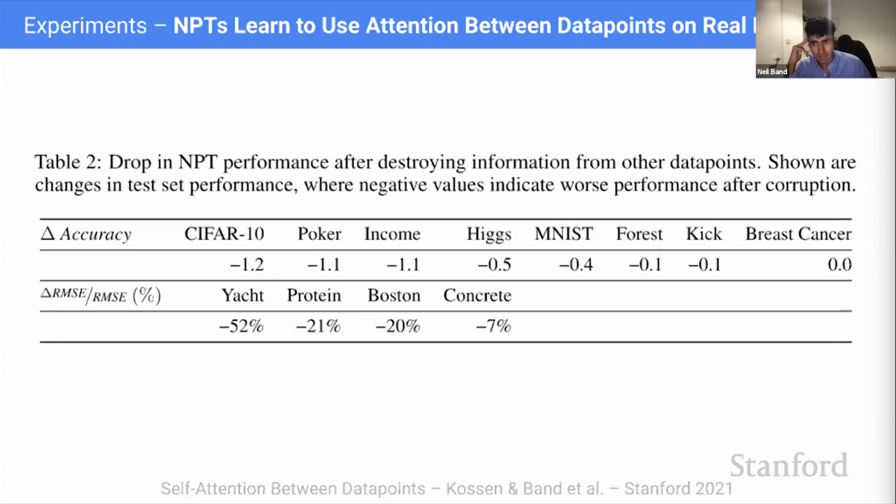We see this as an interesting feature and not necessarily a bug of the model: if we're backpropagating on a given data set, the model can find that it's not worthwhile to predict using some relational predictive mechanism amongst data points, and can instead just learn to predict parametrically and basically ignore other data points when predicting on any given one of them. This probably leads to interesting ideas where perhaps you could do post hoc pruning, taking away the attention between data points and doing fine tuning, let's say.